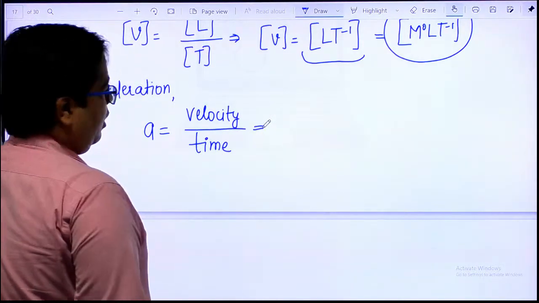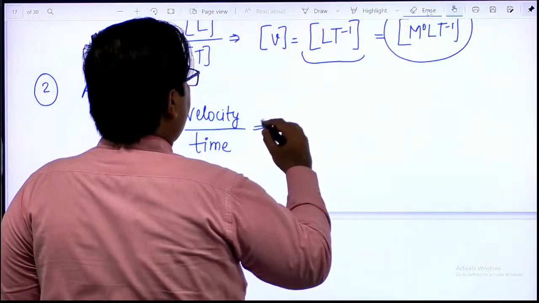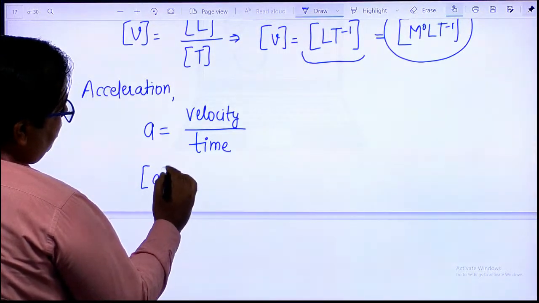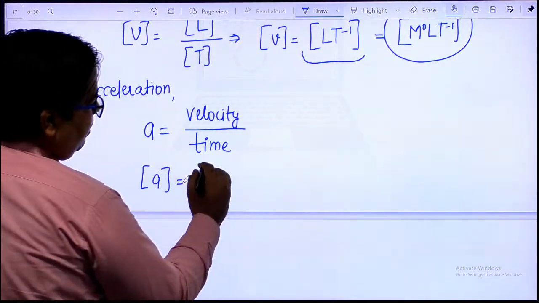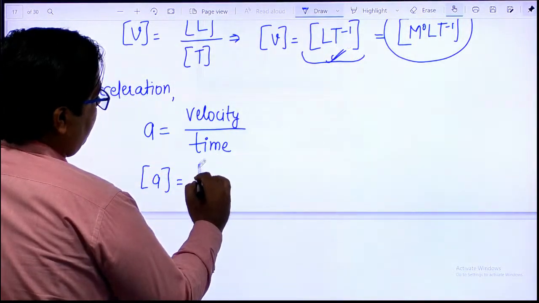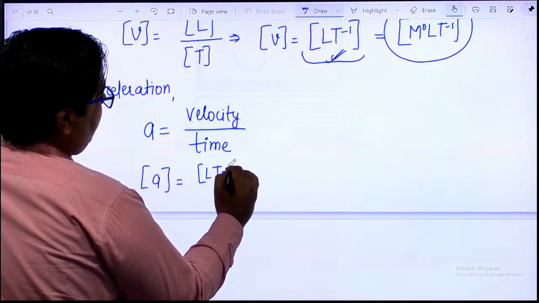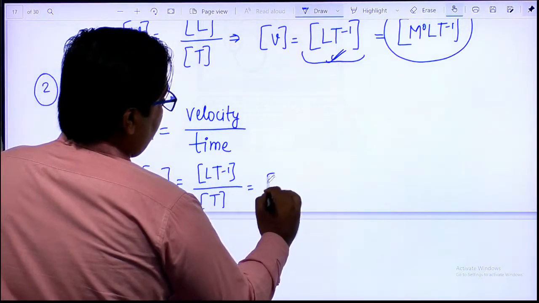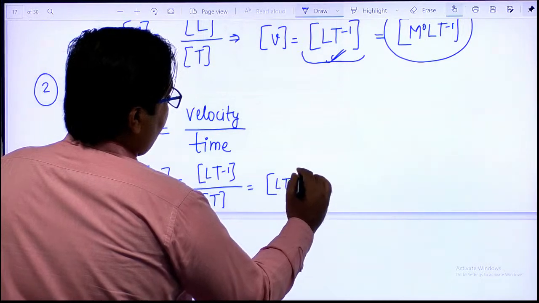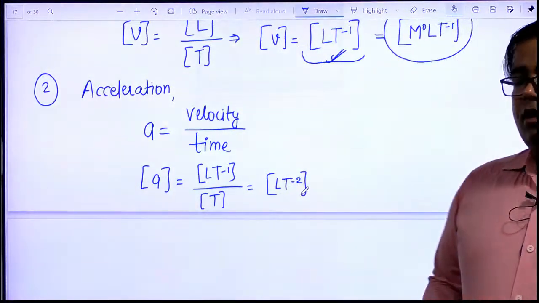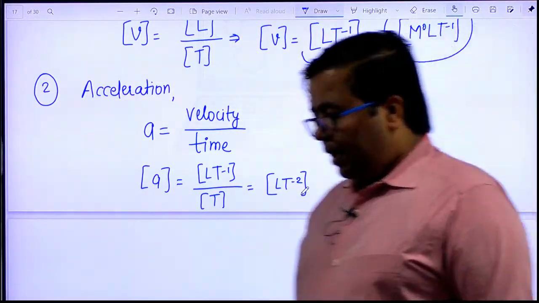So let's find the dimension of acceleration. The dimension of acceleration is the dimension of velocity, which we have calculated here, L T to the power minus 1, divided by T. So this is L T to the power minus 2. This is the dimension of acceleration.